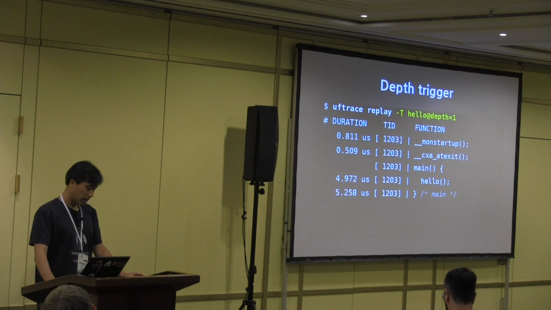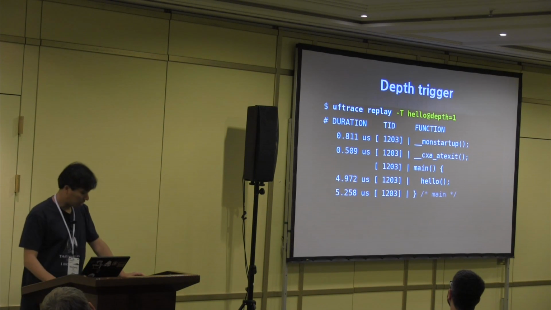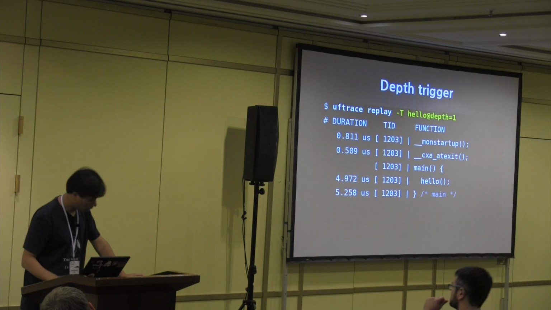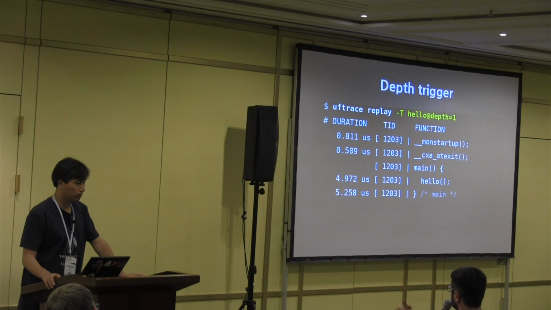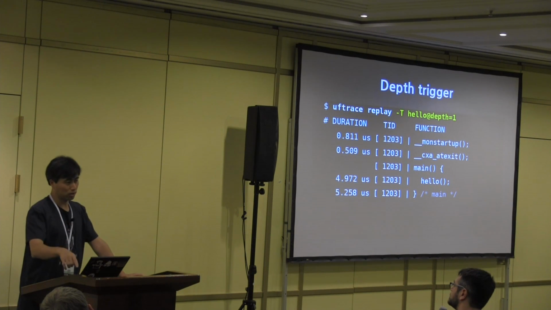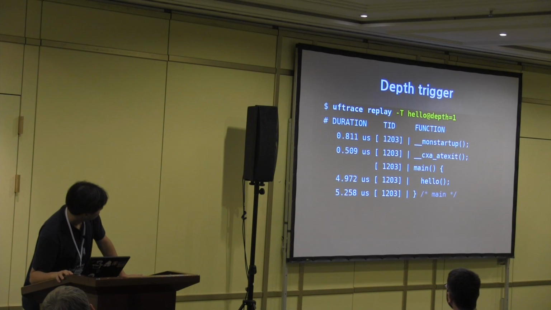So in this case, I set the depth filter of 1 at the function. Sorry, is the trigger executed directly while the application is running, or is it after buffering? It's executed directly. Okay.